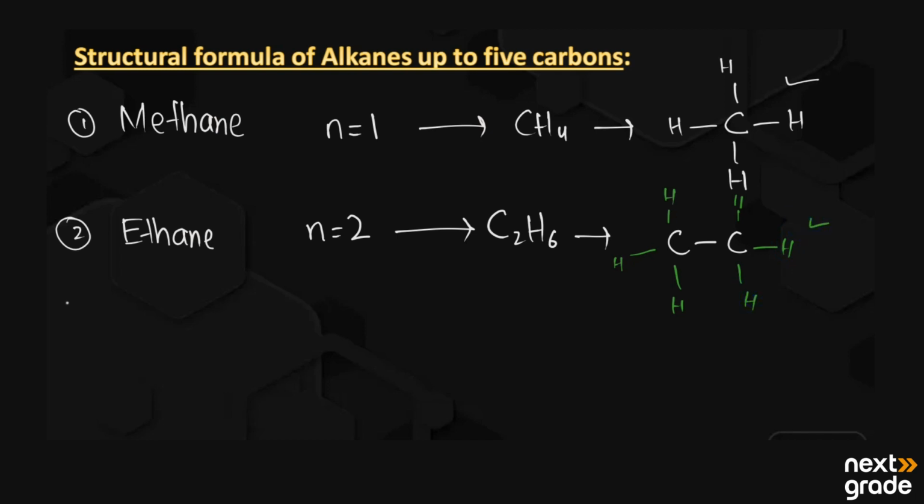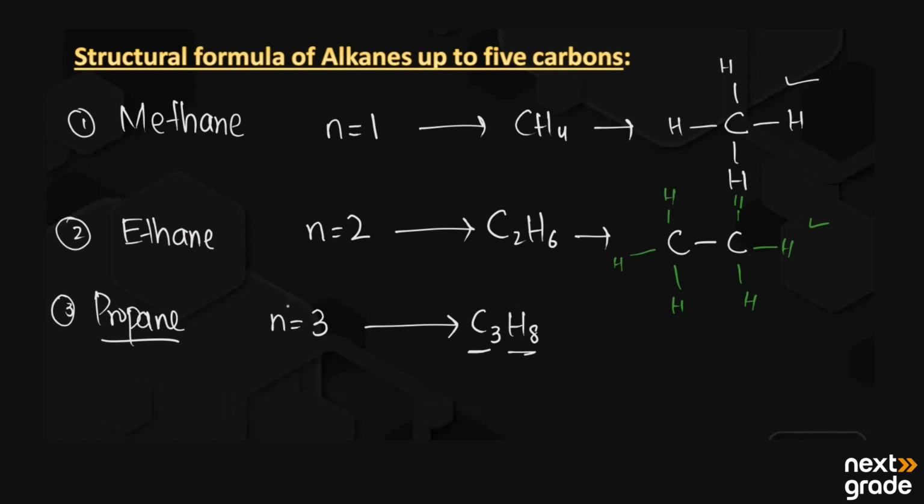Next we have the third one, propane. The value of n is equal to 3. Putting 3 into the general formula CnH2n+2, we get C3H8, with 3 carbon atoms and 8 hydrogen atoms.